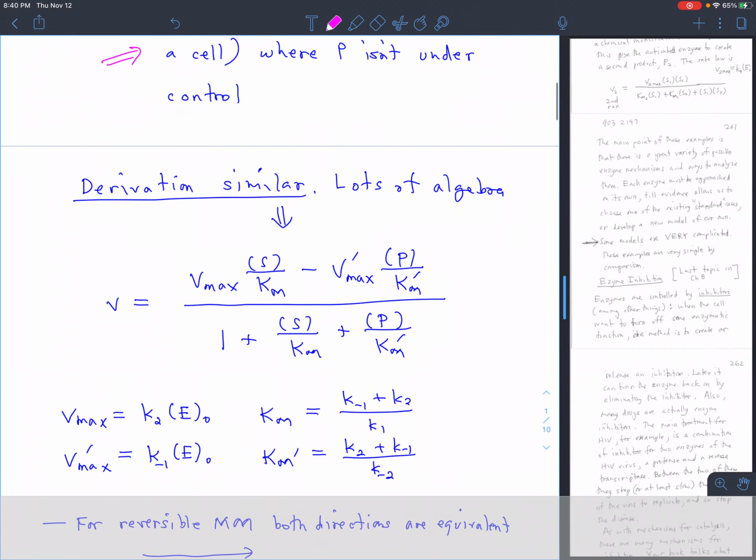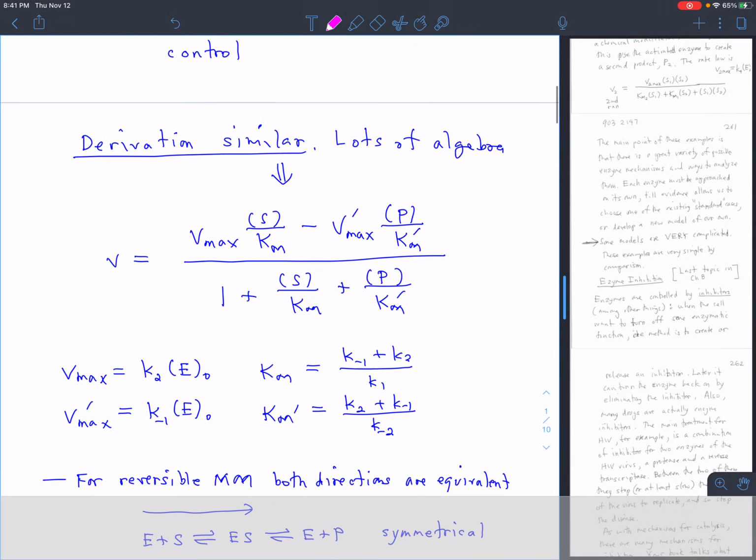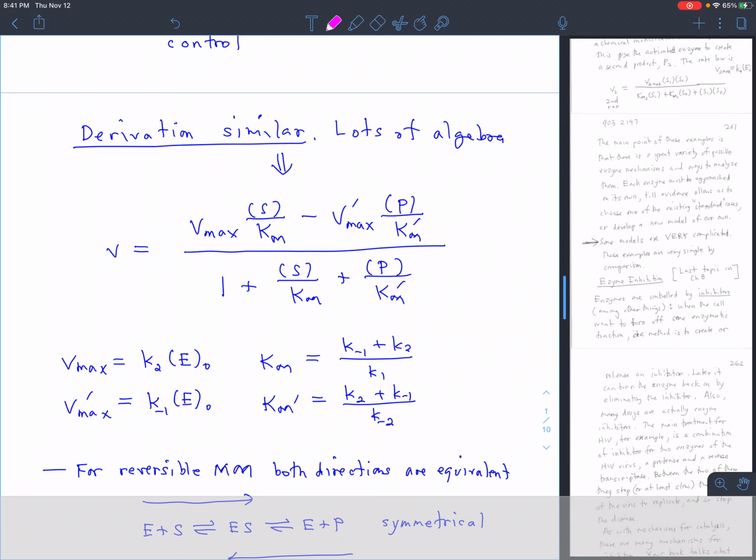We can derive it the same way we derived Michaelis-Menten, and I won't go through it because it's not that interesting, but if you do, then here's the rate expression that you get. It depends now on two different species concentrations, one for the substrate, one for the product. And now instead of there just being a Vmax, there's a reverse Vmax.